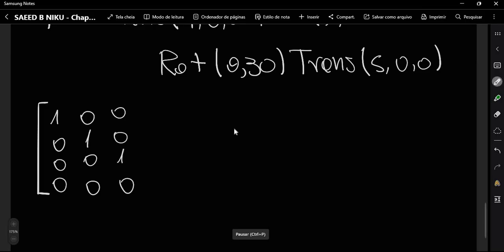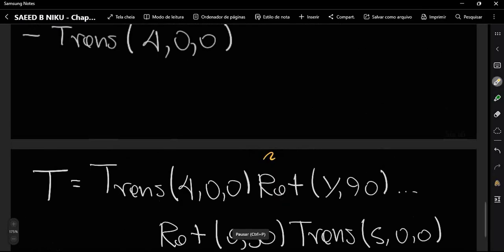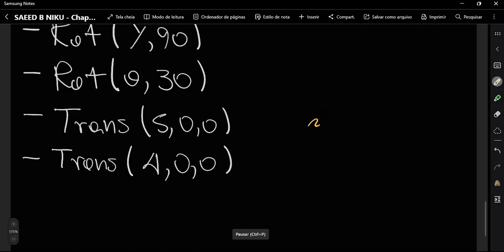And we add the scale factor W. It is a translation of 5 units throughout the axis N. So it is NOA.